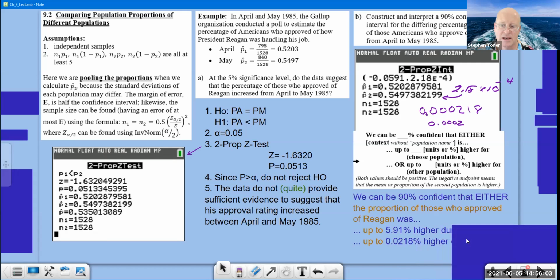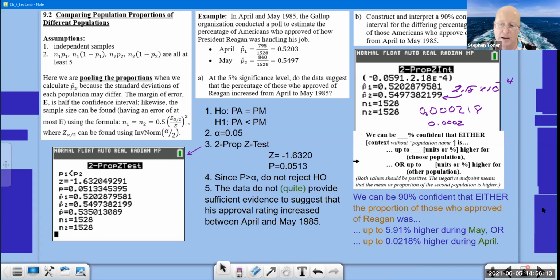okay, and both of them are in terms of percentages, which means I've moved the decimal places over 2 more places. And then I said, when it's negative on that endpoint, the negative endpoint means that the proportion of the second population is higher.